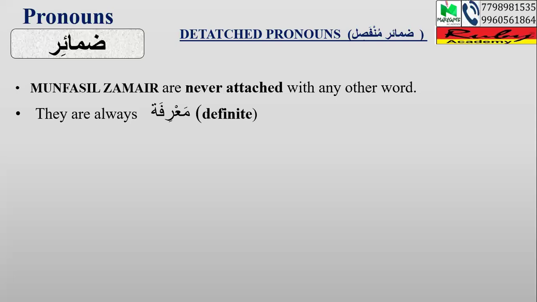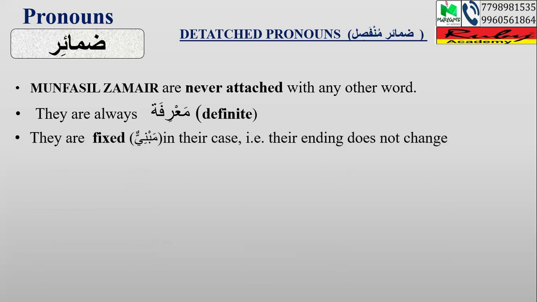Okay, what is the definition of definite? The noun which begins with alif lam. But here you cannot see alif lam with them, but still we can say they are definite. According to their place, they are always definite.